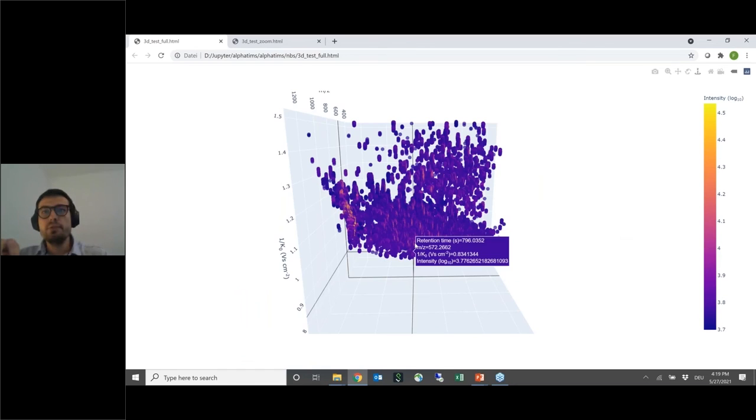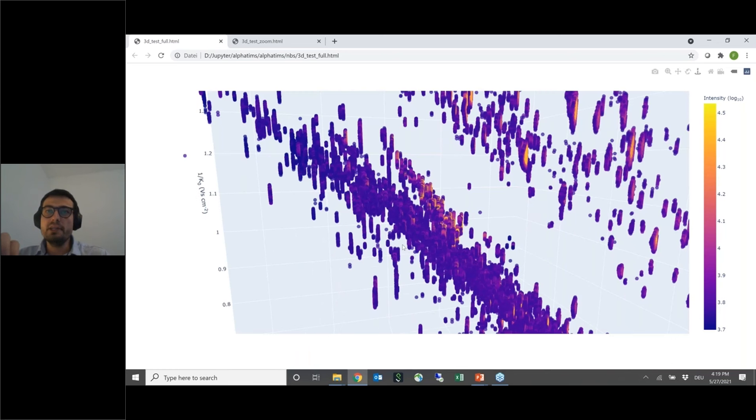So you could zoom into specific peptides of interest, and you see all of these features, they are peptides. And ideally, we would like to fragment all of them and get their fragmentation information for identification and for quantification.